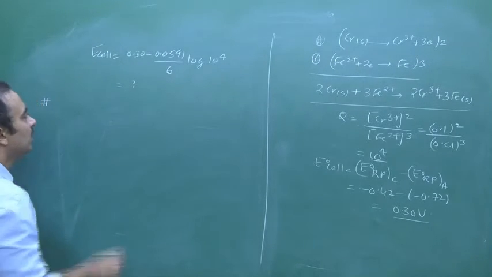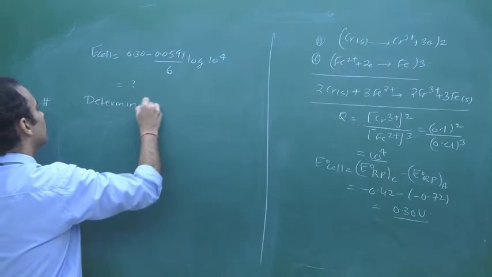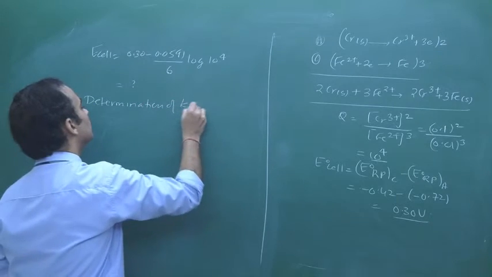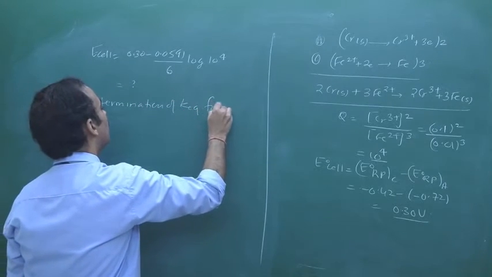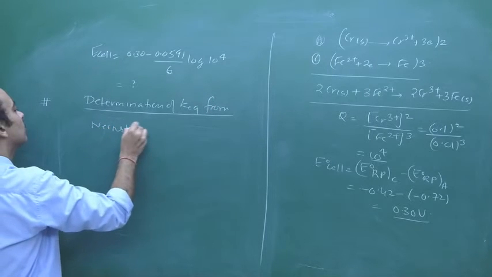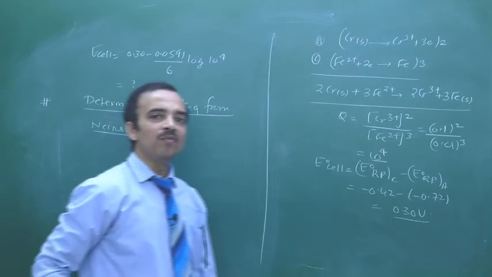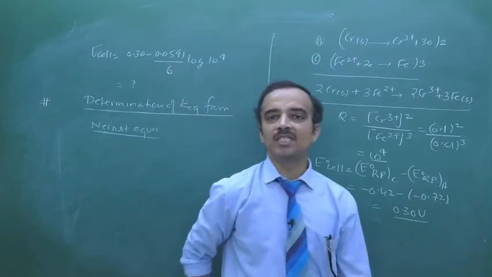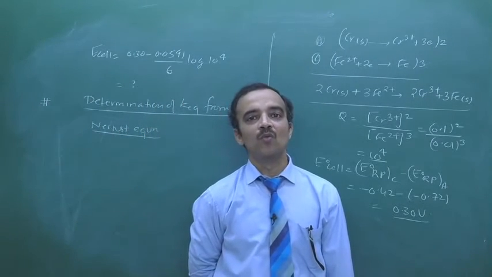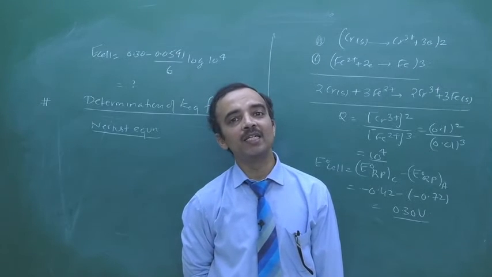Question is determination of equilibrium constant from Nernst equation. Beta, we say equilibrium is attained in cell when cell stops sending current, when cell is completely discharged.